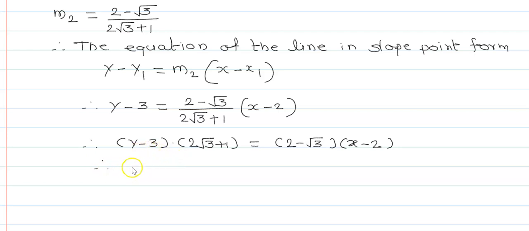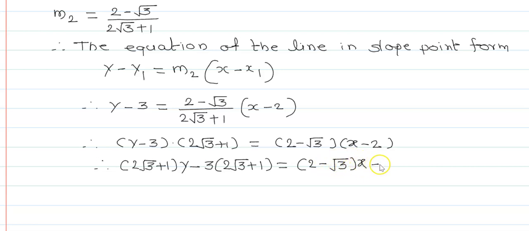Now the simplification. Y into this whole bracket, that is 2 root 3 plus 1 into y minus 3 in bracket 2 root 3 plus 1, and this equals to again 2 minus root 3 bracket complete into x minus 2 in bracket 2 minus root 3.